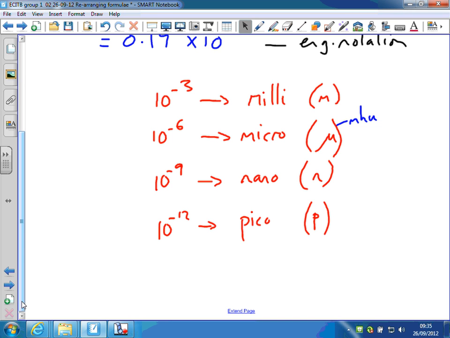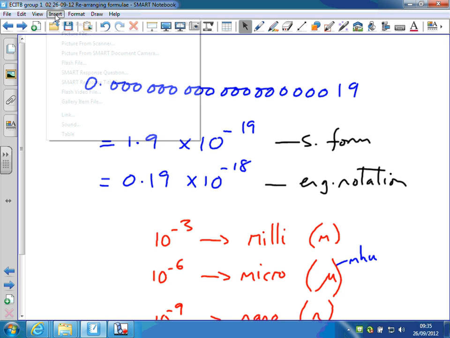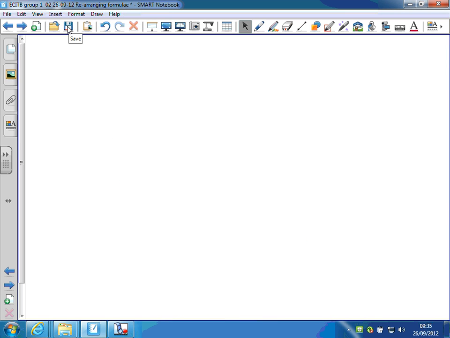So the only other thing now is putting these things into the calculator. If I want to do a calculation on the calculator using standard form or engineering notation, what do I do? Let's just do one calculation, similar to the one we did last time in the drill.